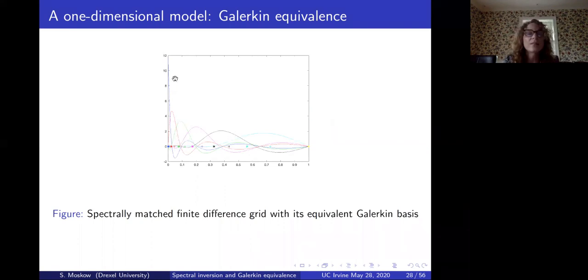So we see here the projection of the delta, and then the resulting ones. They become less localized and more spread out as you move away from the source. But they are still giving a localized basis function that somehow corresponds to the placement of the finite difference grids.